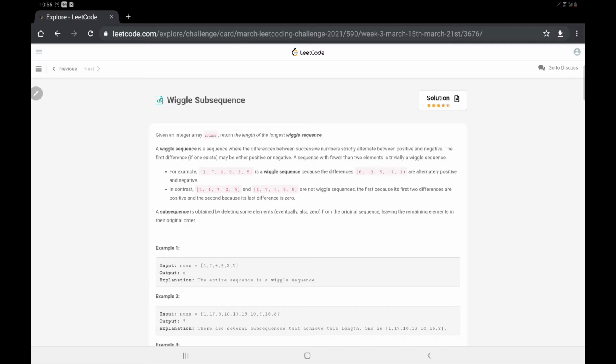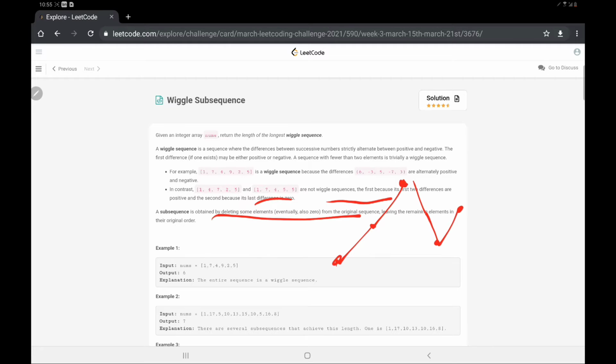All right, and in contrast 1 4 7, suppose 1 4 7, 2 and 5, like this.